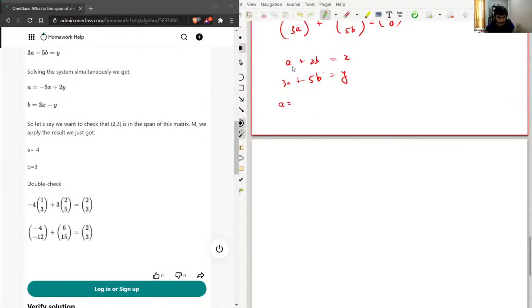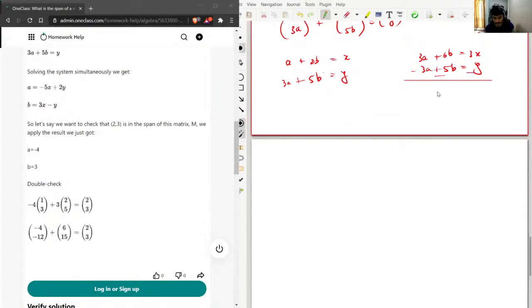They have solved this simultaneous equation, and if I multiply by 3, this will become 3a plus 6b equal to 3x, and 3a plus 5b equal to y.